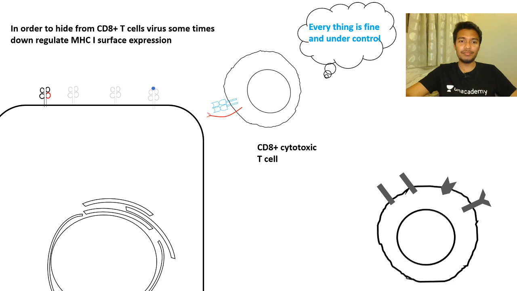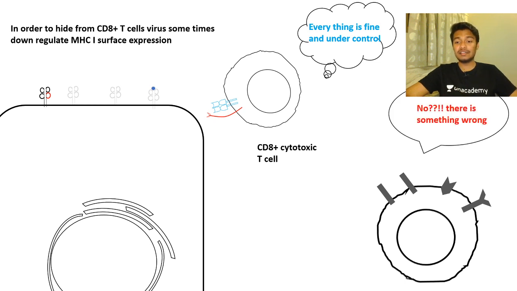As a result, class 1 MHC is not displayed on the surface. Now, a CD8 positive cell would always scan for whether class 1 MHC is there or not. If class 1 MHC is there and they see a viral peptide or any pathogenic peptide displayed on class 1 MHC, that means, okay, something has gone wrong and I should engage here and kill that. But if the MHC is downregulated, they would think, okay, everything is fine, there is no attack.